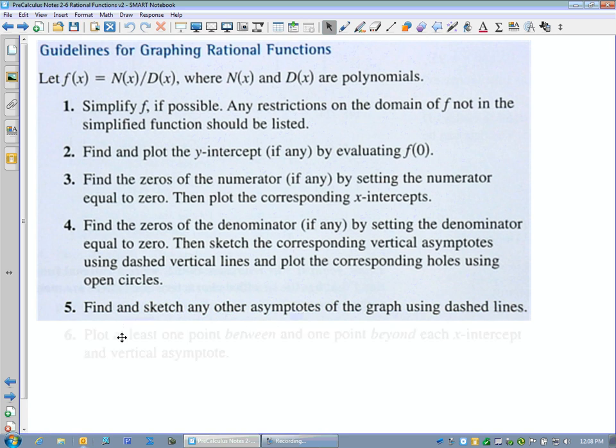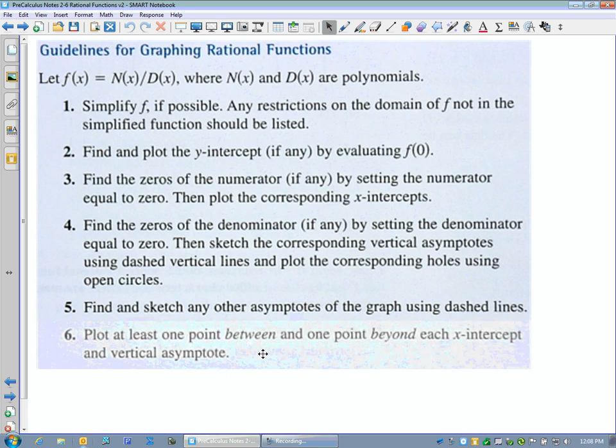And then we want to plot at least one point beyond each x-intercept, and between and beyond each x-intercept and each vertical asymptote. We want to see the behavior between those important features of the graph.